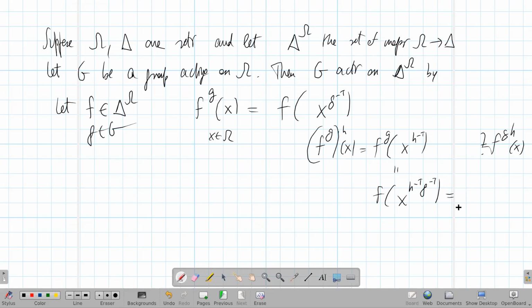But this is nothing else but, by the usual properties of the inverse, f of x (gh) inverse. And this is exactly the definition of f to the gh on x, okay? So you see that you need this inverse, otherwise if you don't take the inverse, this is a left action. Nothing wrong with left action, but I'm dealing with right actions. Okay, so why is this important? Because if you take S1, let me check my notation.